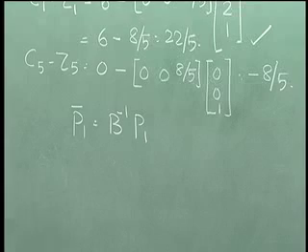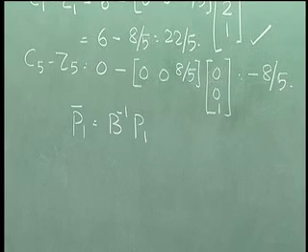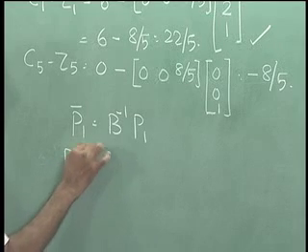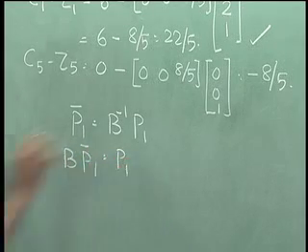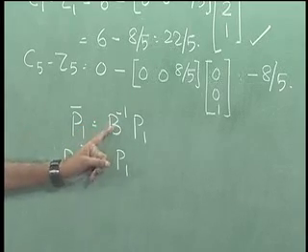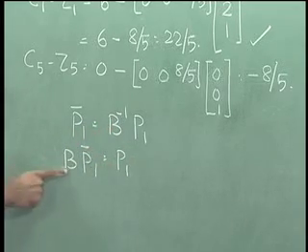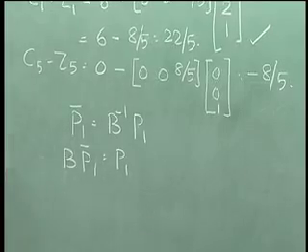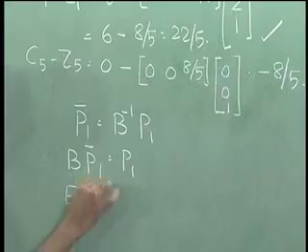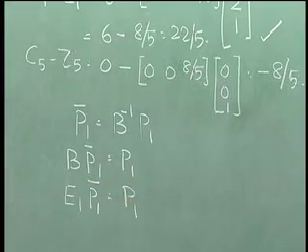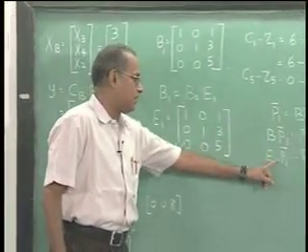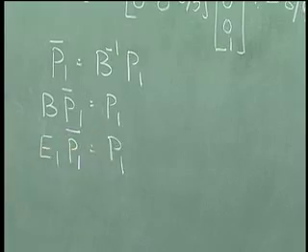So, we pre-multiply by B to get B times P bar 1 is equal to P1, because B into B inverse will give I. So, I into P1. Now, this B is nothing but B naught into E1. So, we will have E1 P1 bar is equal to P1. B naught is also the identity matrix. So, this will reduce to E1 into P1 bar is equal to P1.